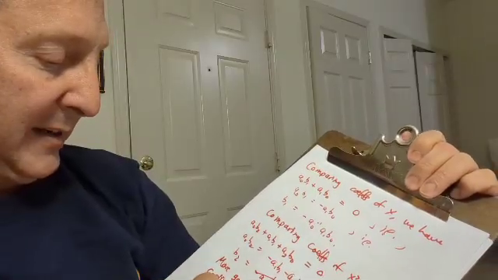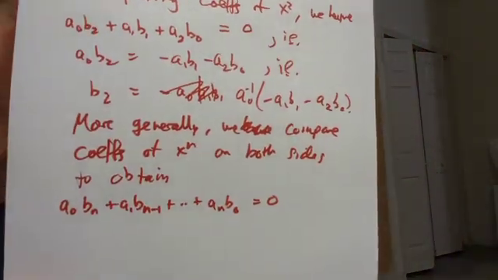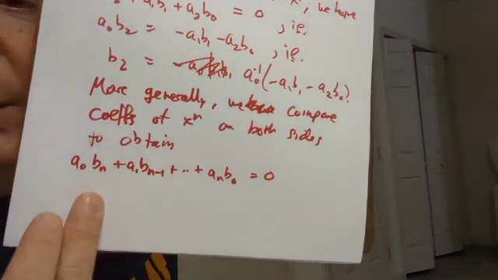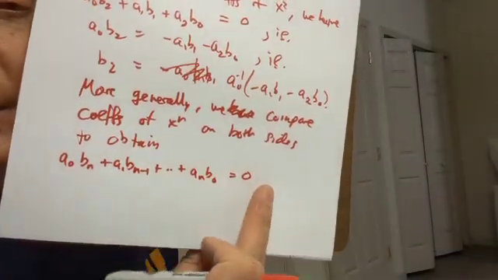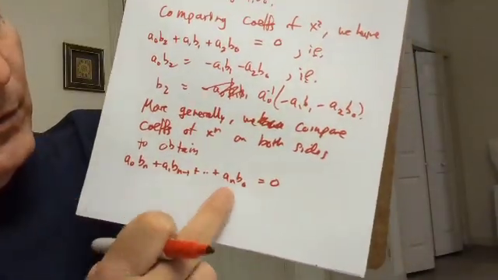So we'll have a0 bn plus a1 b(n minus 1), etc., up to an b0 equal to 0. This is the coefficient of x to the n in the product, and the coefficient of x to the n on the right hand side, 0.